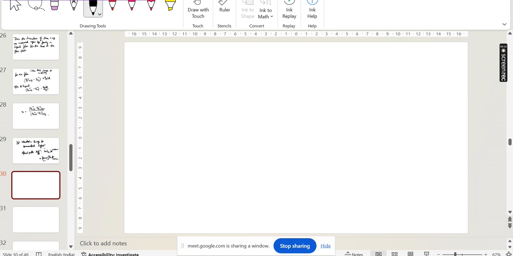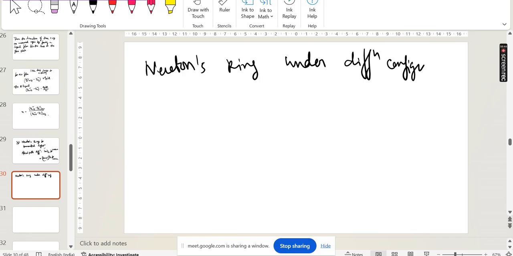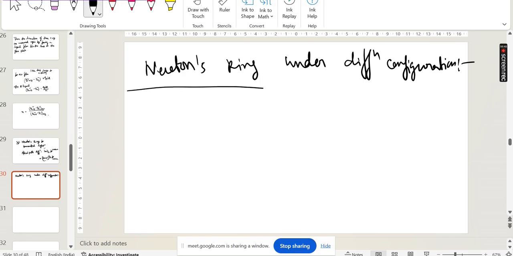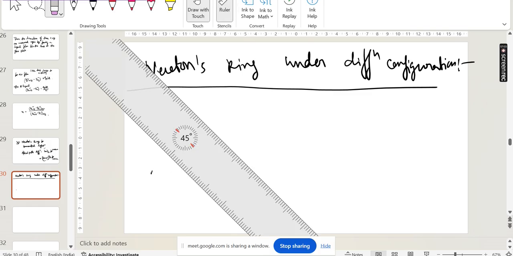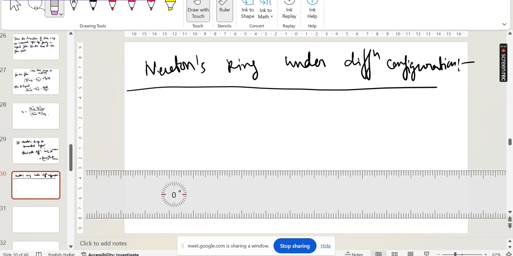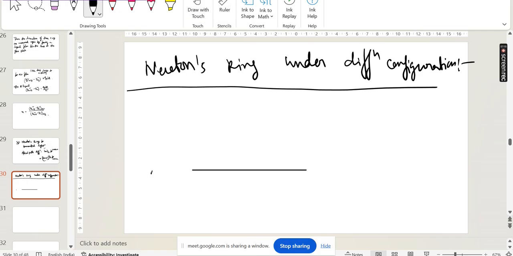And also there are different configurations. There is a distance between these two.